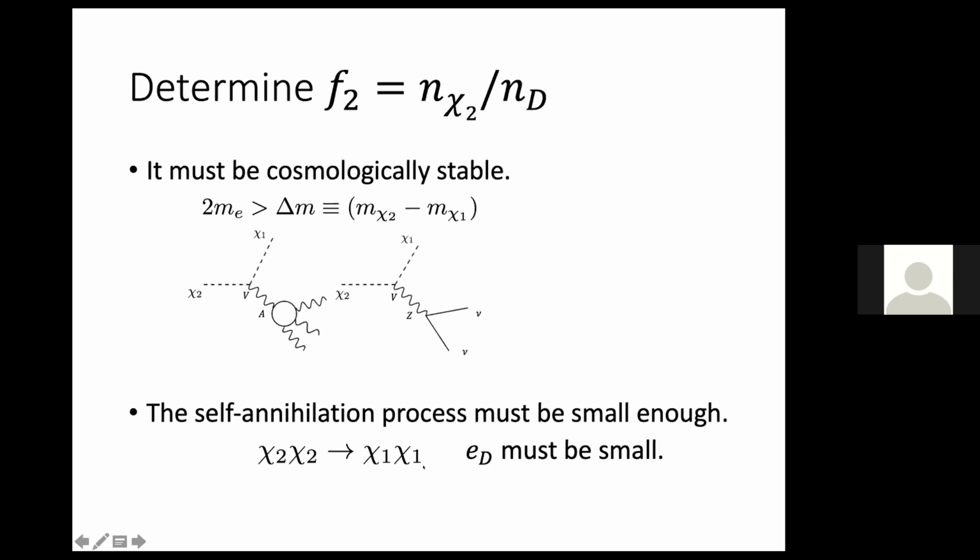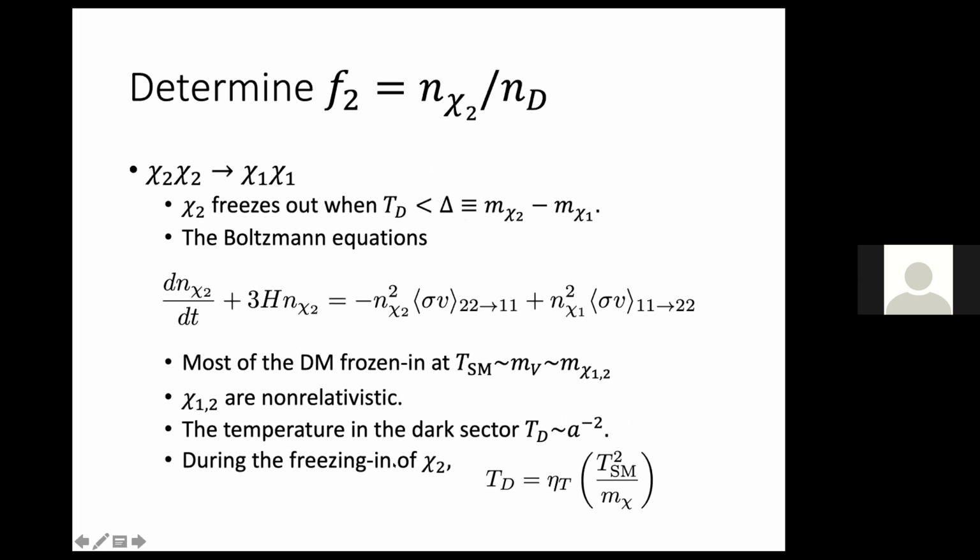So from this fact, this dark coupling must be small enough so that we have enough excited state today for the direct detection to happen. Okay, so now, because this is very crucial for direct detection, we need to calculate it in detail.